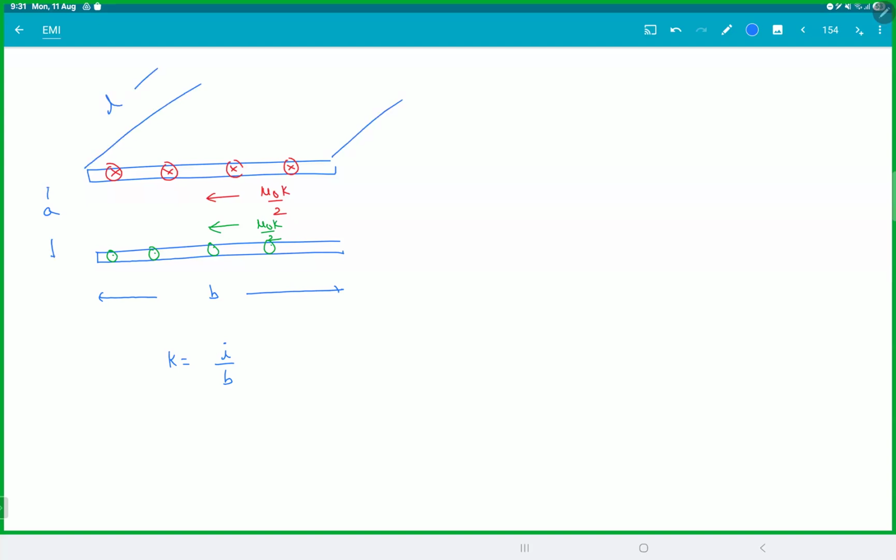Take this as length L. So here the energy stored will be 1 by 2 mu naught, B will be mu naught K square, volume will be, it's a cuboid, LAB. This is equal to half L i square.